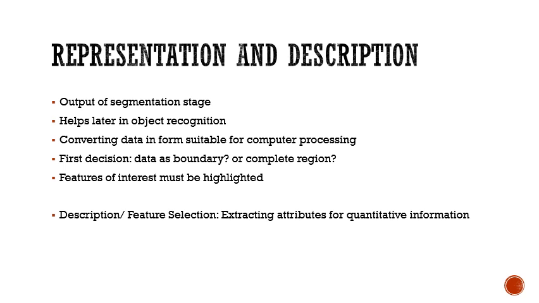Next, the image description. Description, also known as feature selection, deals with extracting attributes that result in some quantitative information of interest, or basically figuring out the basis for differentiating one class of objects from another.